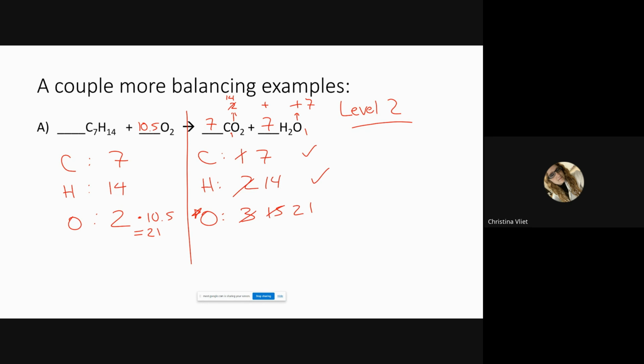One is using a fraction or a decimal, and the other one is to find what we call the lowest common denominator in math, where we multiply the numbers by each other to get the first number they both go into. And so this is one possible answer. The other correct answer would be 2 C7H14 plus 21 O2 goes to 14 CO2s plus 14 H2Os.